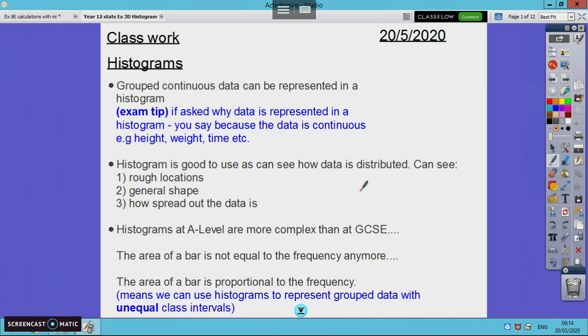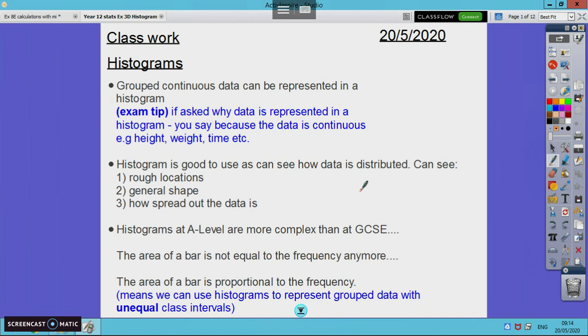Sometimes the questions say this data was represented in a grouped frequency table, and you can use that reason as well as it being continuous data. The continuous data is your height, weight, time, more things like that.